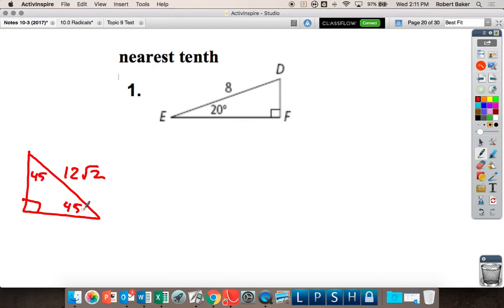It's a 45, 45, 90. So how big is this piece? Y'all remember that? How do you get from here to here? Divide by the square root of 2. So what should the answer be? 12.